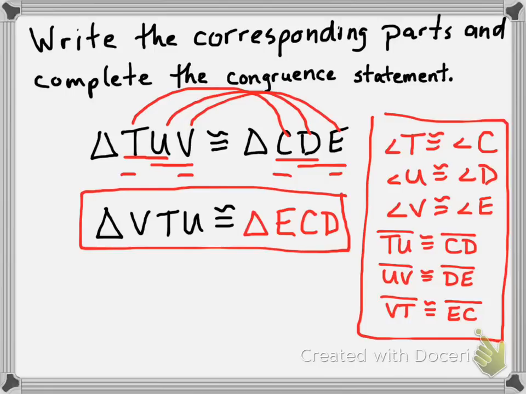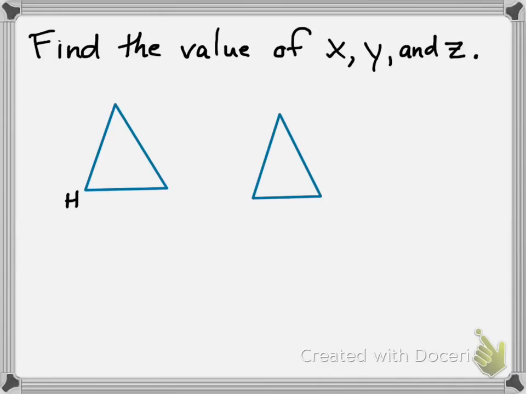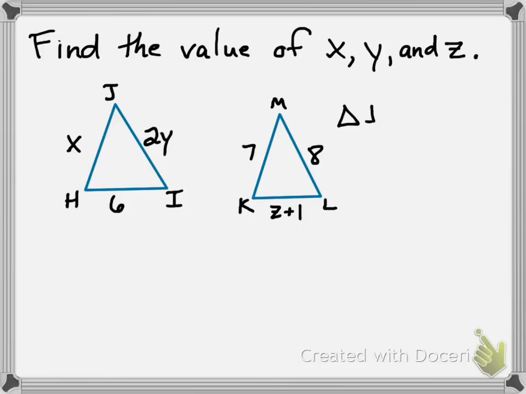Alright, now the last type of problem we're going to have with congruent triangles is finding missing sides. So you're going to find the value of X, Y, and Z. Here's two triangles, and I'm giving you the sides of them. Some of them have numbers, some of them have algebraic expressions.